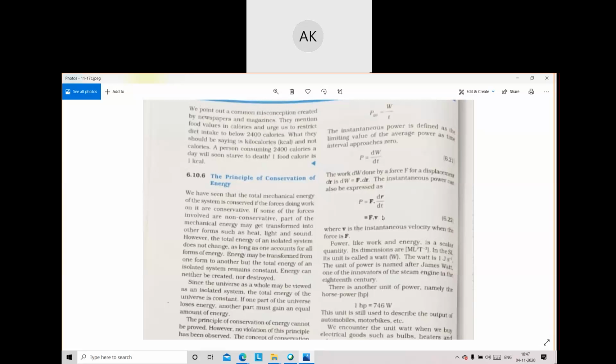Therefore, F dot V is the instantaneous power. What is the formula? Vector F dot vector V, the dot product of force and velocity.